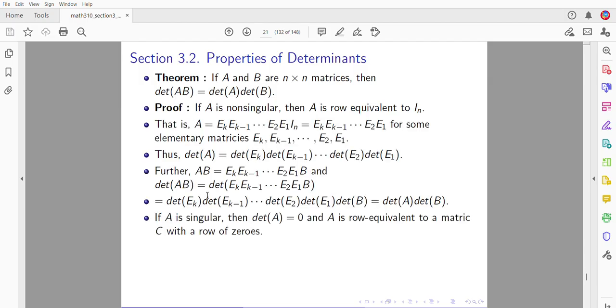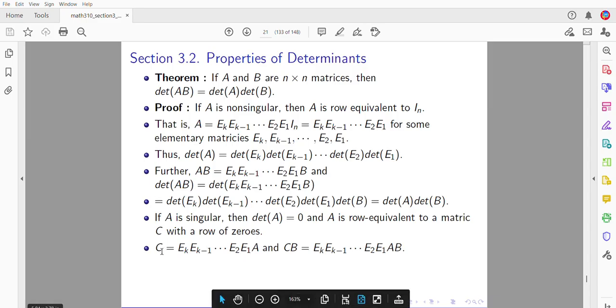If A is singular, then determinant A is 0. Moreover, A is row equivalent to a matrix C with a row of zeros. So, row echelon form of A ends up with a row of zeros. That is, row operations on A will give you a matrix C with a row of zeros. Okay. So, C is obtained from A by a sequence of row operations.